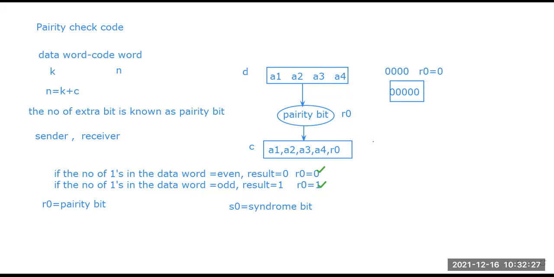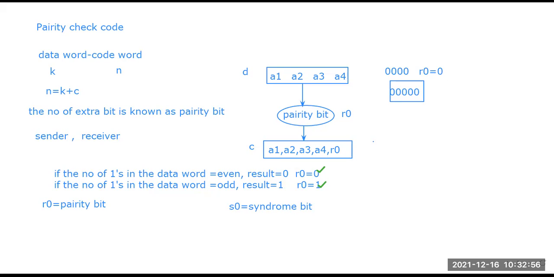Now it is received at the receiver side as B1, B2, B3, B4. We calculate the result, and check whether the syndrome bit equals 0. When the number of ones in the received code word is even, the syndrome passes. If S0 is equal to 0, then there is no error in the received code word, and the data portion of the received code word is accepted as a valid data word.